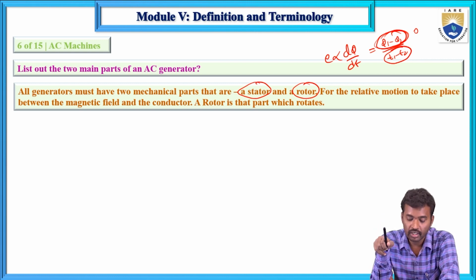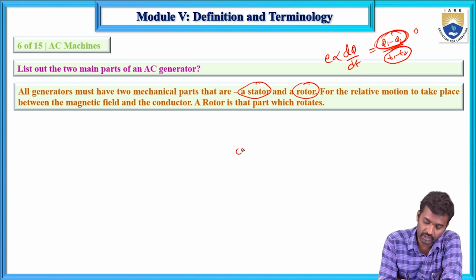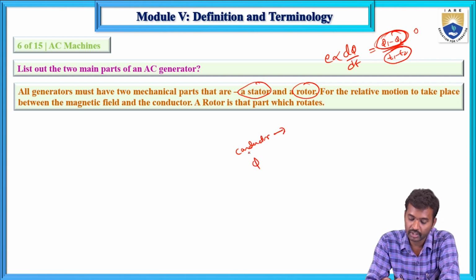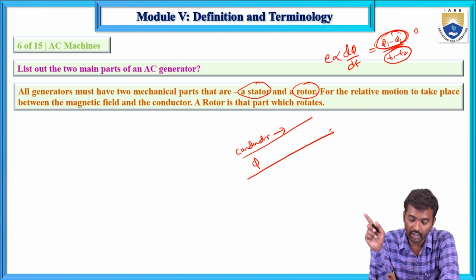Either the stator winding, the conductor, should be stationary or the flux should be stationary. One should be rotating and the other should be stationary.